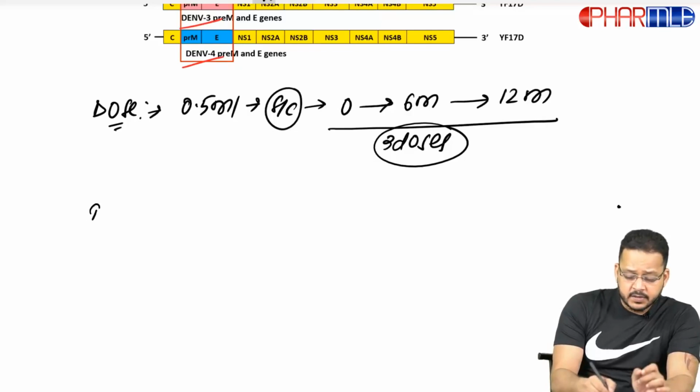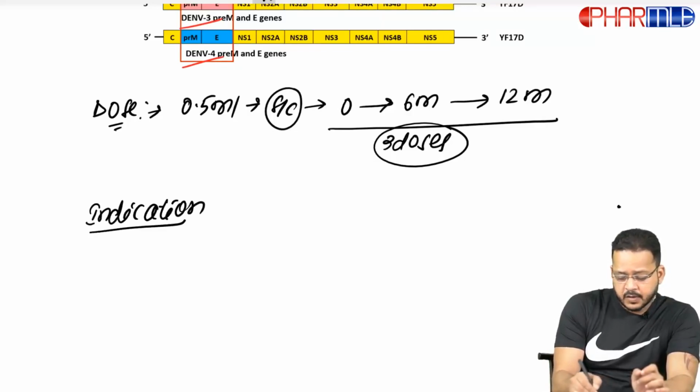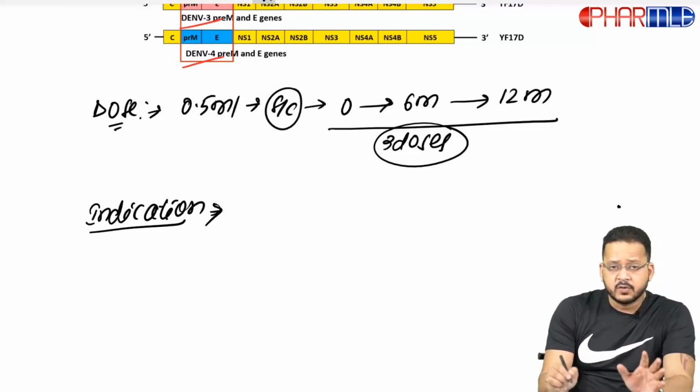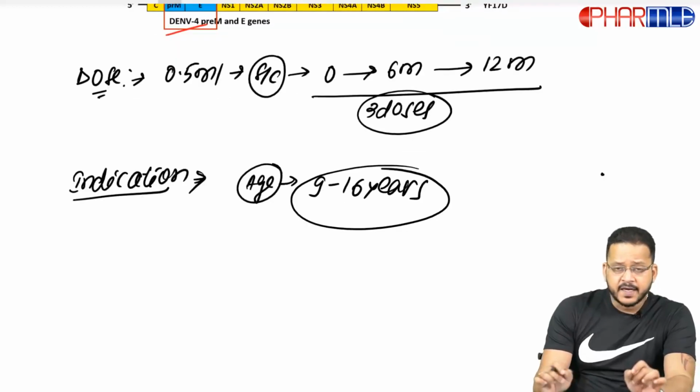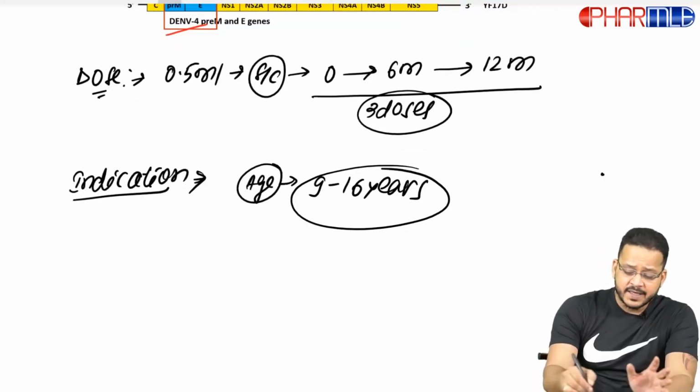About the indication of this vaccine. What is the indication of this dengue vaccine, guys? The important criteria, one is age. It is indicated in the age group 9 to 16 years. Why this age group?